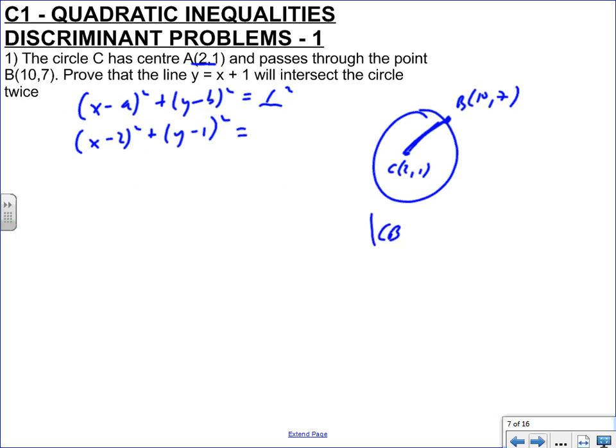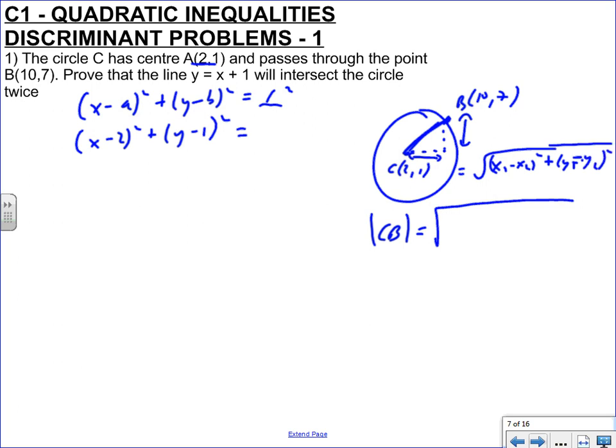So the distance CB, we know through Pythagoras, is the square root of the change in y and the change in x, all squared, added to each other. In other words, x1 minus x2 all squared plus y1 minus y2 all squared. Okay? Pythagoras.